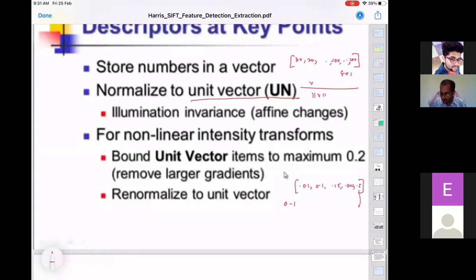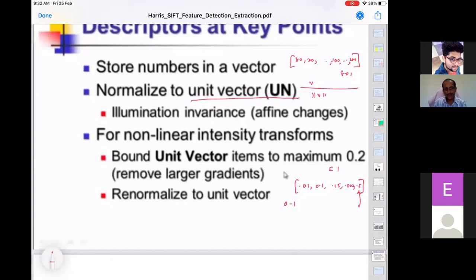Each element is less than 1 and they sum to 1 because we are normalizing the norm of the vector. Now, if we see that one element is very high, that is 0.5 or so, it means that this may be due to noise and may not be really the dominant orientation.